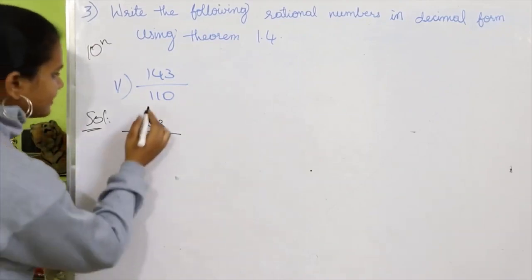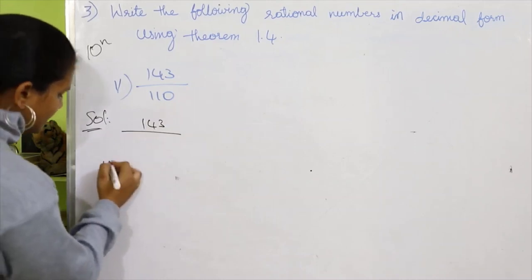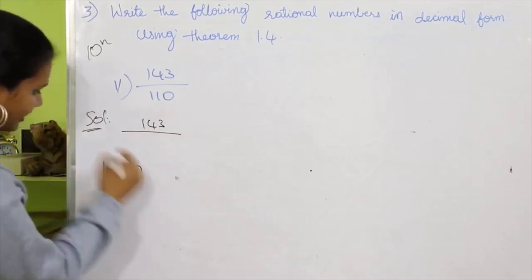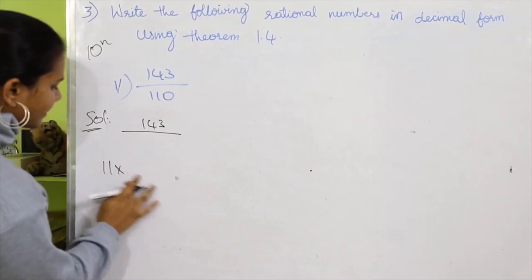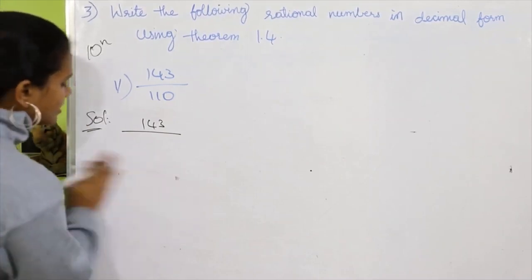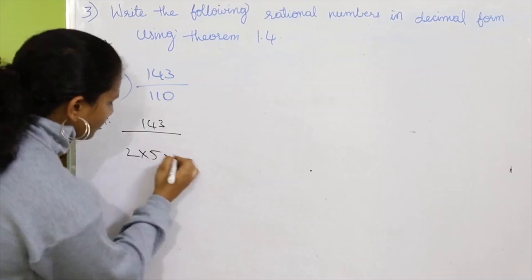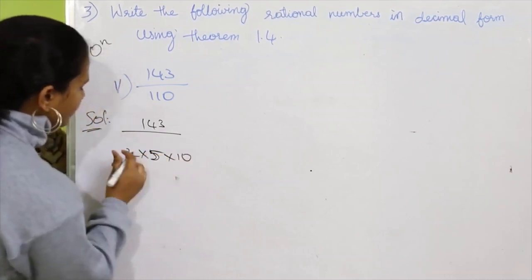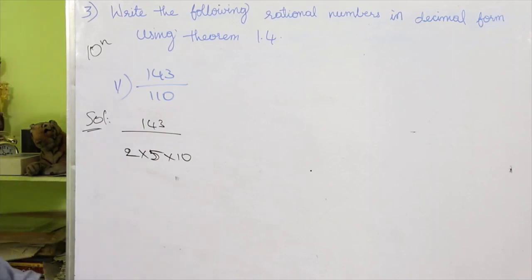And 10 can be written as 2 into 5, 2 and 5 are friends. So I can write 110 as 2 into 5 into 11, right?